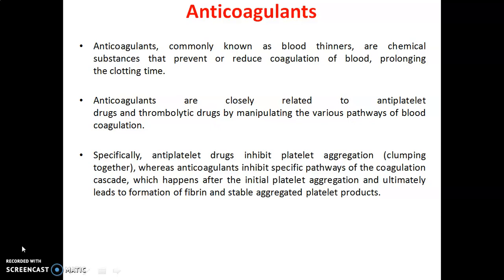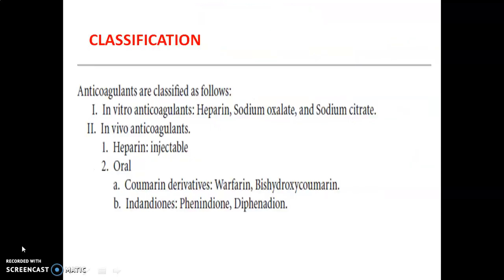Specifically, antiplatelet drugs inhibit platelet aggregation, that is clumping together, whereas anticoagulants inhibit specific pathways of the coagulation cascade, which happens after the initial platelet aggregation and ultimately leads to formation of fibrin and stable aggregated platelet product.